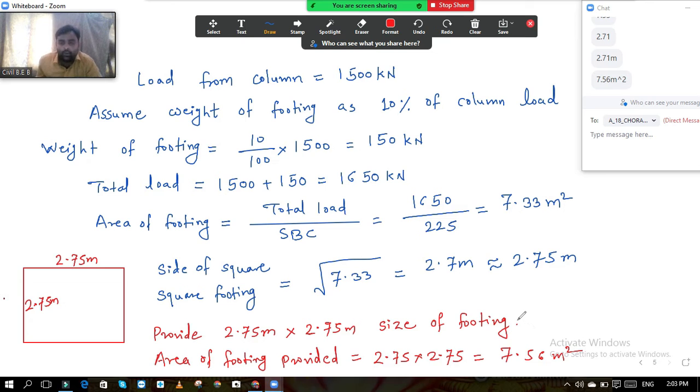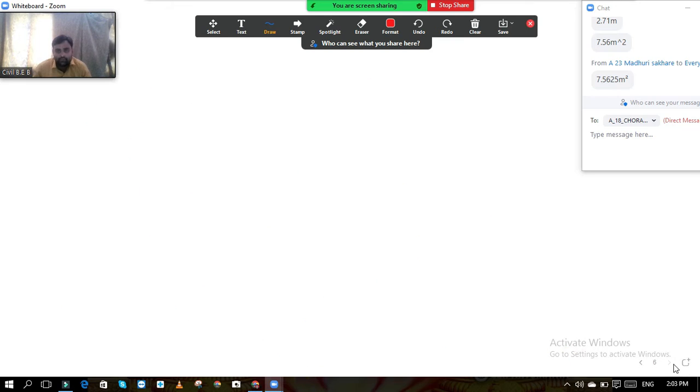Okay, so what is the required? Required is 7.33 and what we have provided, 7.56 meters square. Okay, so we have provided more than required, so it is okay. So now the next part. Now after calculation of the area, what we have calculated is this cross sectional area.